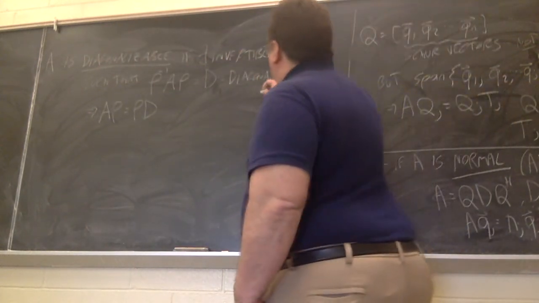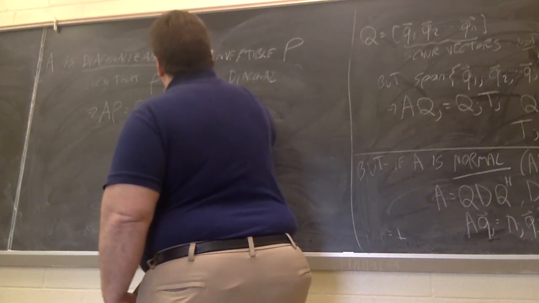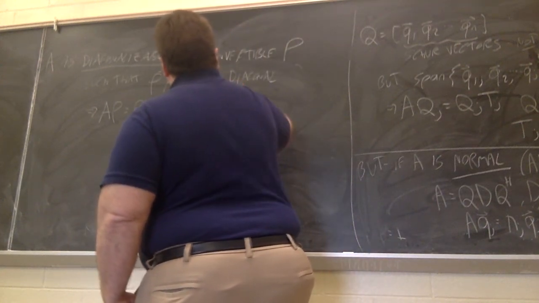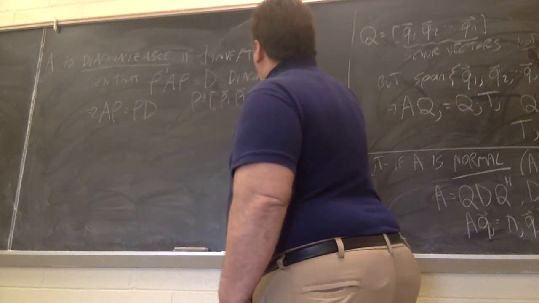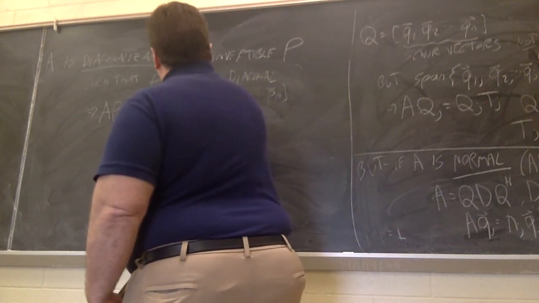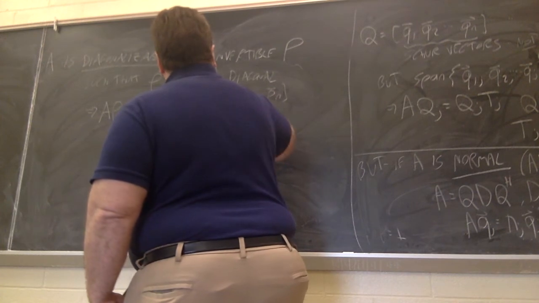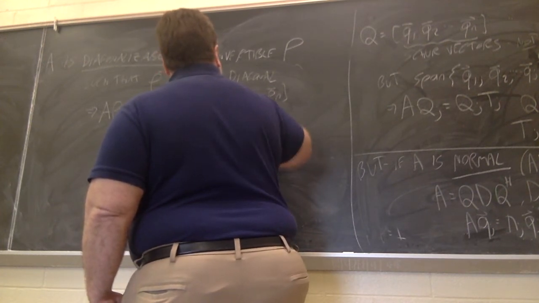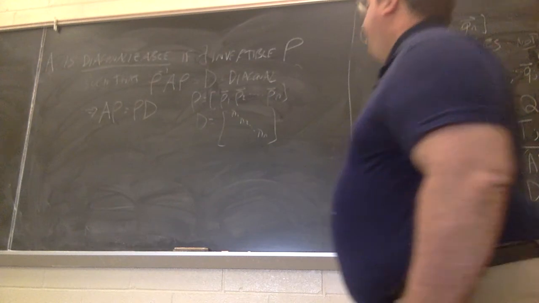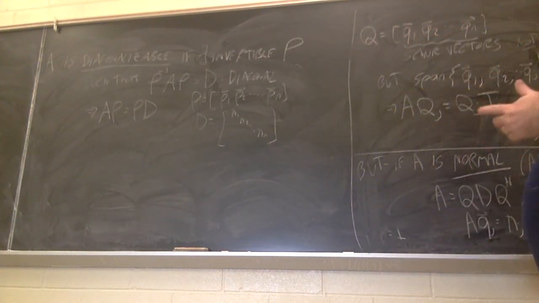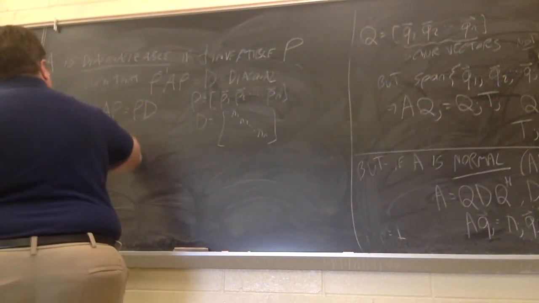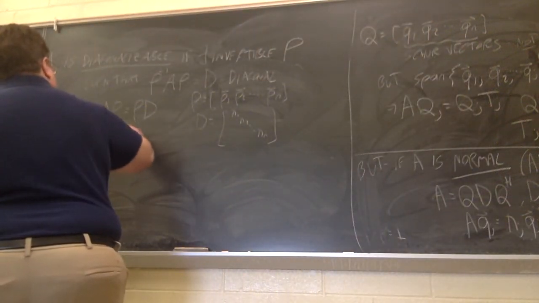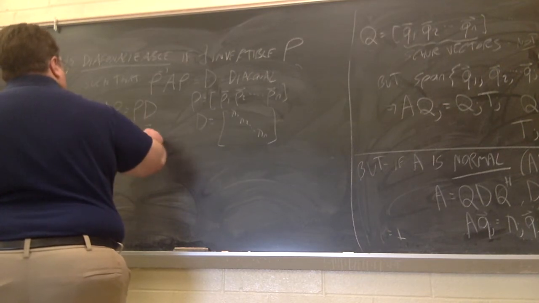And if I let P have these columns, and D is a diagonal matrix that has these diagonal entries, then if I look at AP equals PD column by column, I have APj is equal to lambda j Pj.